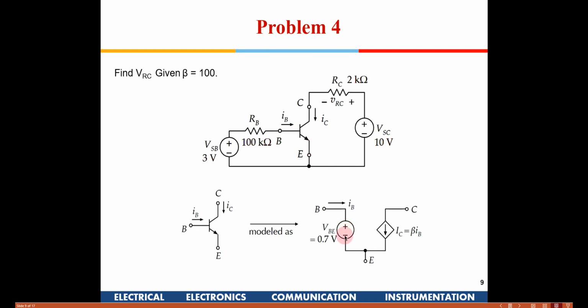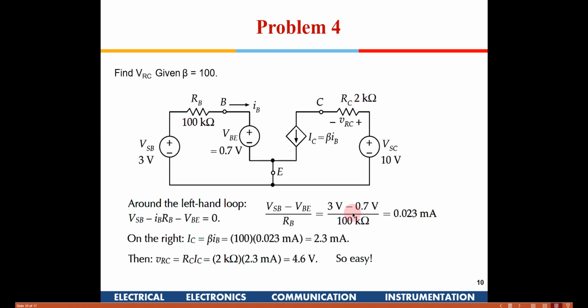Sir, in every problem it will be 0.7 volt? Yes, in every problem it will be 0.7 volt. Don't bother much about the BJT as of now. I will cover these aspects of BJT towards the end of the course, so don't worry about the BJT things for your present exams.